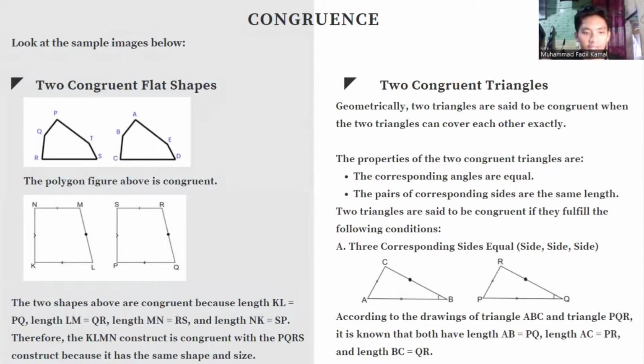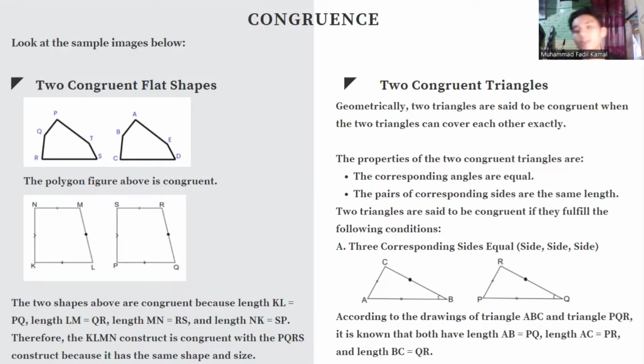The two shapes above are congruent because KL is equal to PQ, LM is equal to QR, MN is equal to RS, and MT is equal to SP. Therefore, the polygon KLMN is congruent with the polygon PQRS because it has the same shape and size.